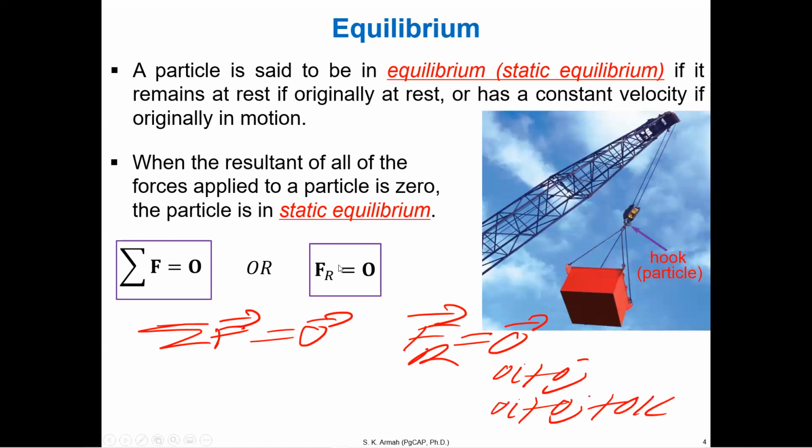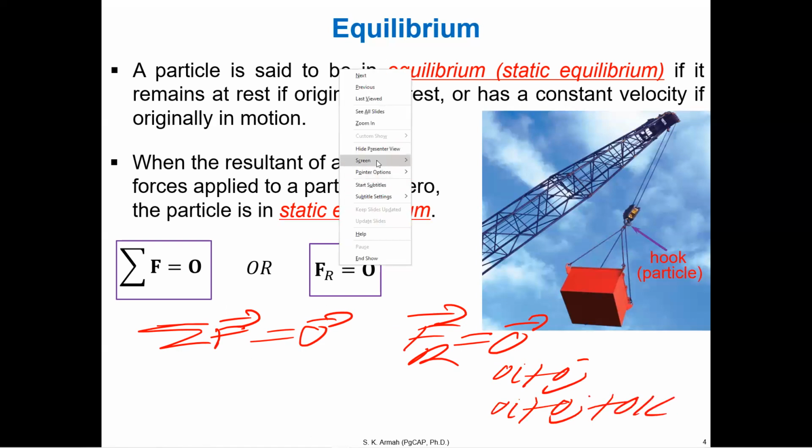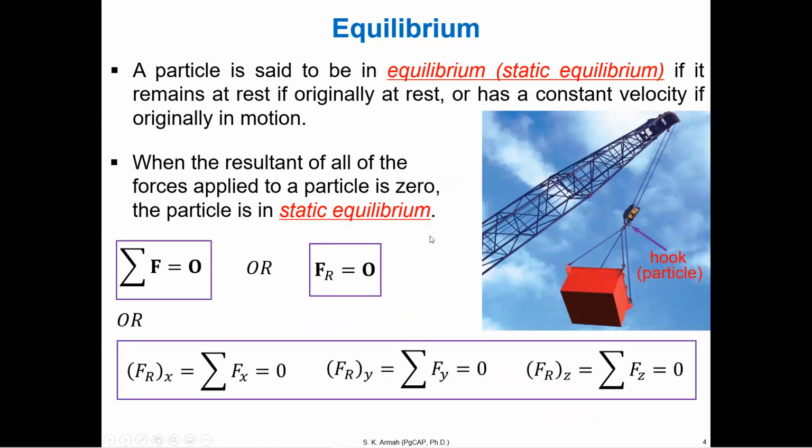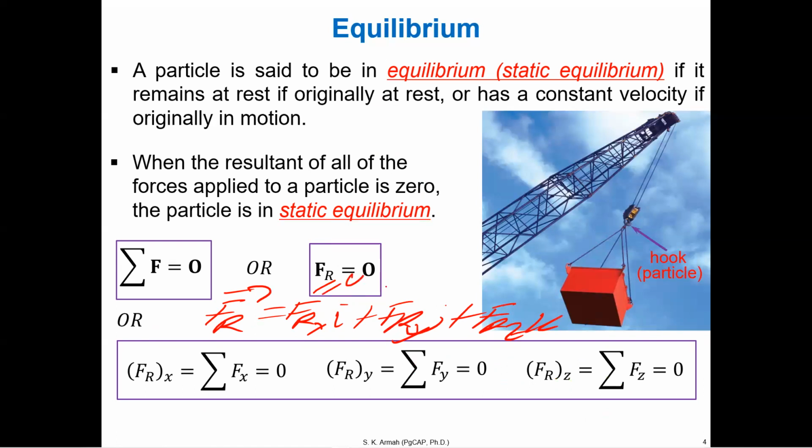So vectorially, we can break this into scalars, which is what you normally used to say. We can break this into scalars because the resultant force can be written as a vector: FR in the x i, FR in the y j, FR in the z k. And if the particle is in equilibrium, then these components all have to be zero.